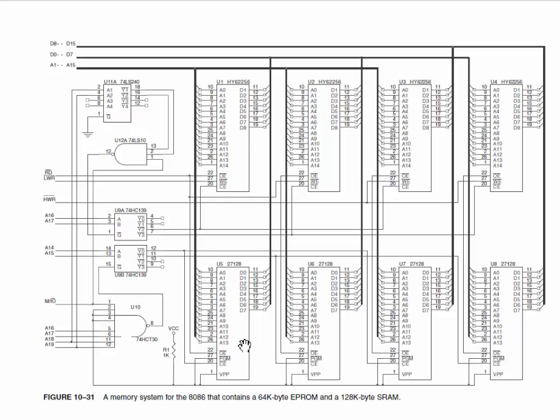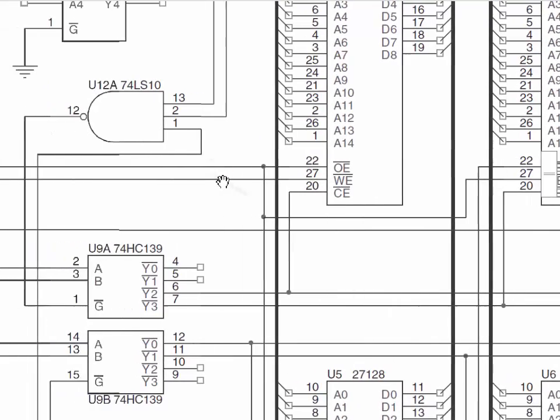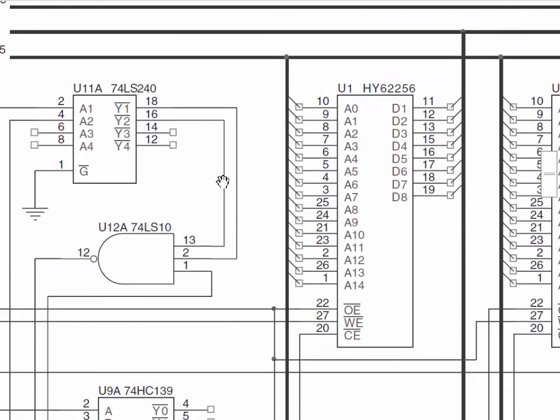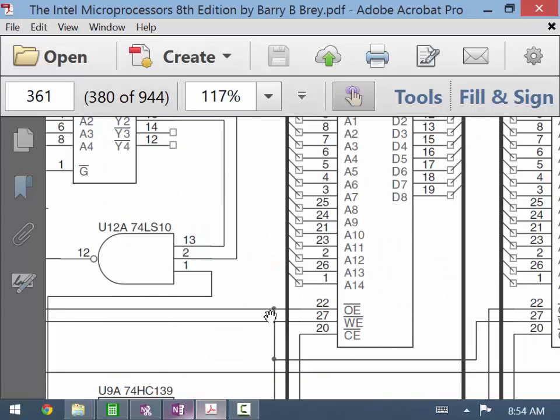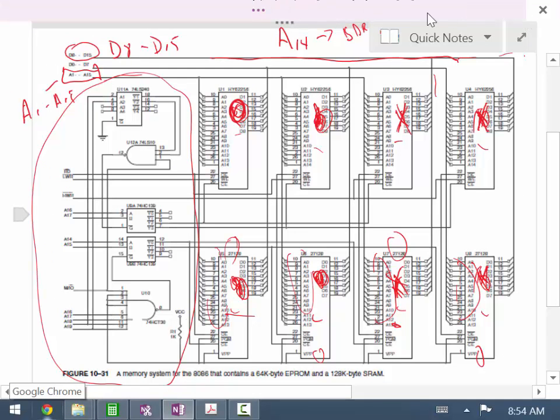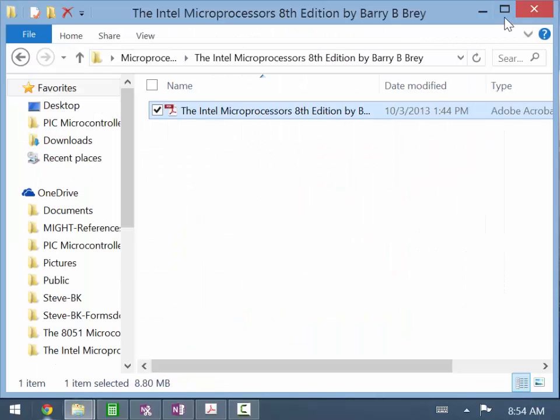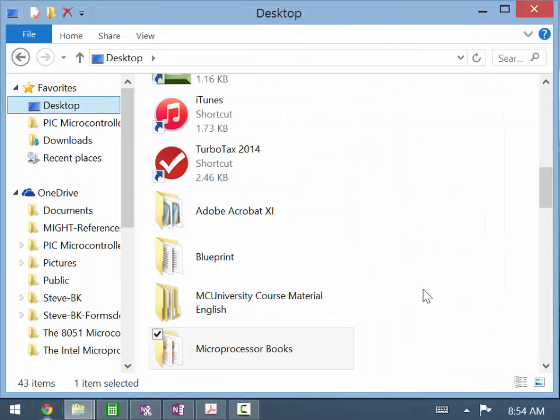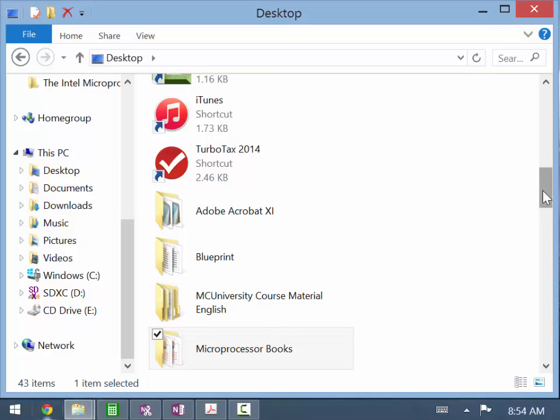So, all right, as we look at this here, let's look at these 3 chips. We've got some chips here we haven't talked about. One of which is a 74LS240. Let's go ahead and pull up the data sheet for that. I think it's on my desktop.